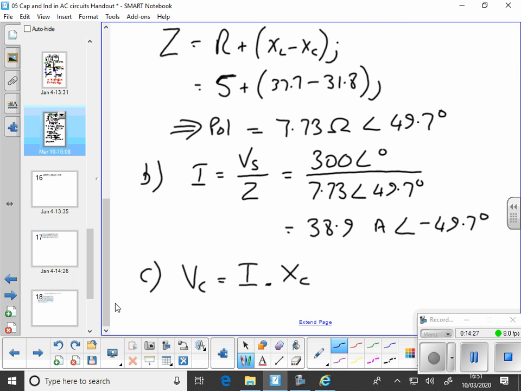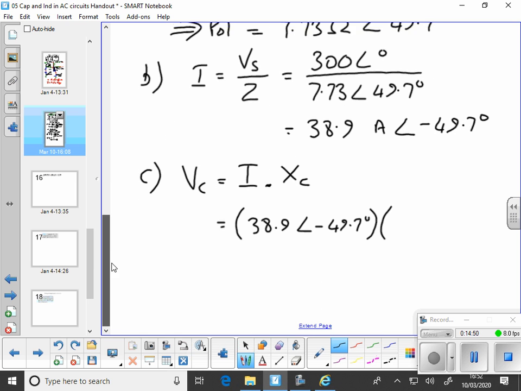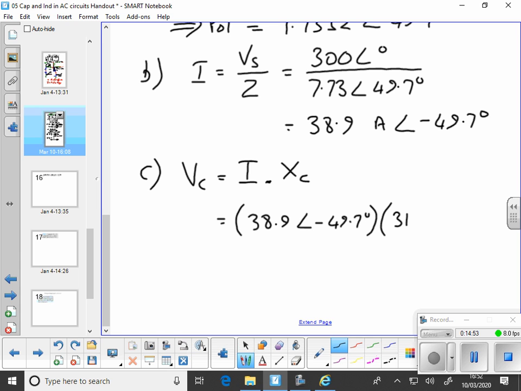Yeah. So VC equals, and I like to put these in brackets, 38.9 angle minus 49.7, times XC, which was 31.8, angle... capacitor. Look back at your diagrams.